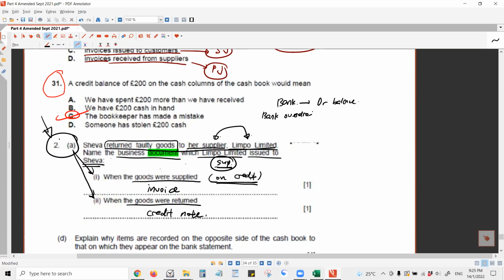We call it bank overdraft. It's a credit balance. Just now you did the cash book and saw that there's a credit balance there. Agree? So for a bank account, it's possible for it to be in a positive state or in a negative state.